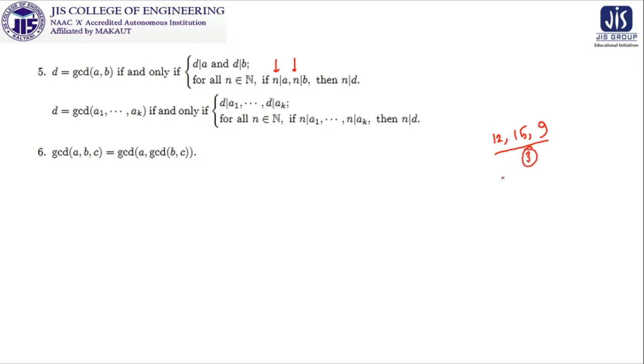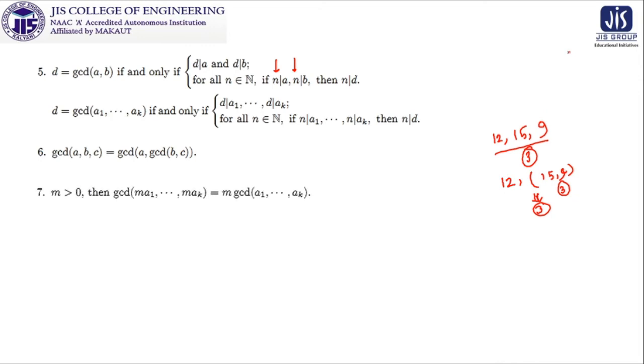Now GCD of 12 comma, first of all GCD of 15 and 9, you will get 3, and then GCD of 3 and 12 you will get again 3. So you can test it by taking any pair, any triplet of numbers, and you will check that it will be true.